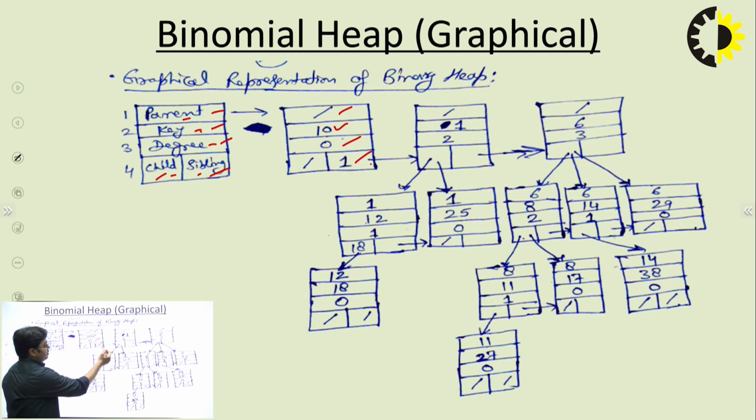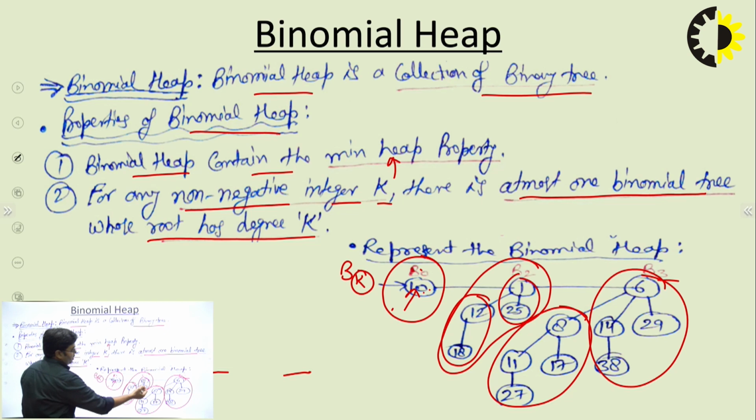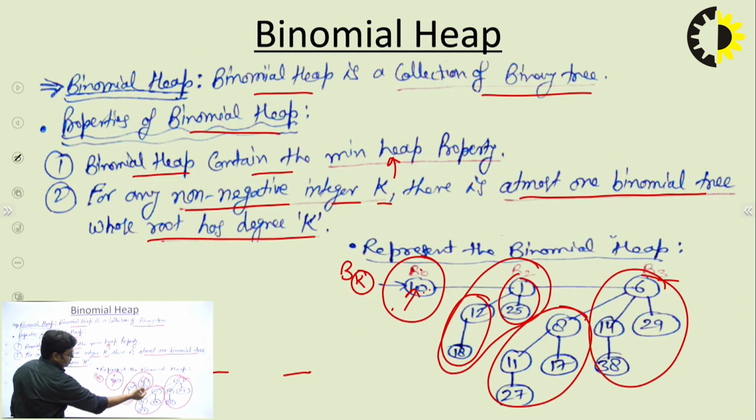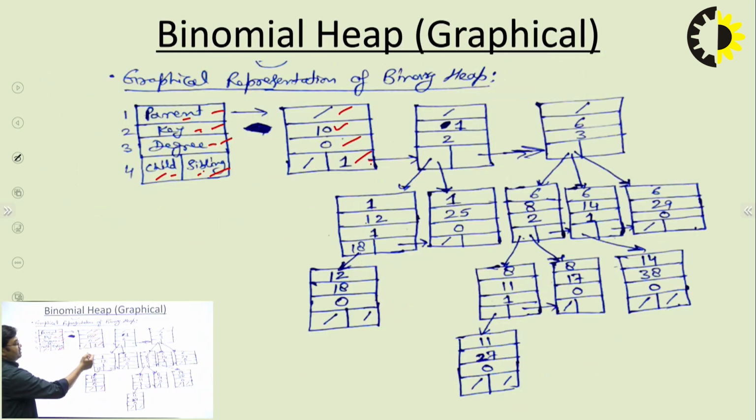Then the node 1, which is the sibling of 10, is connected to another node, 6. This node 1 is connected to 12 and 25, and 12 is having another child, which is 18.